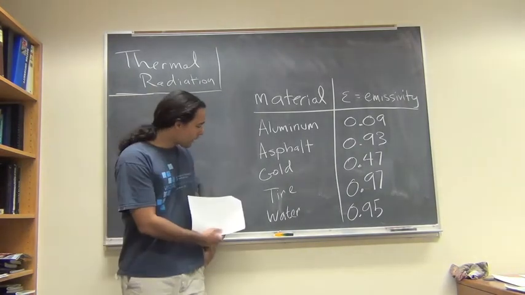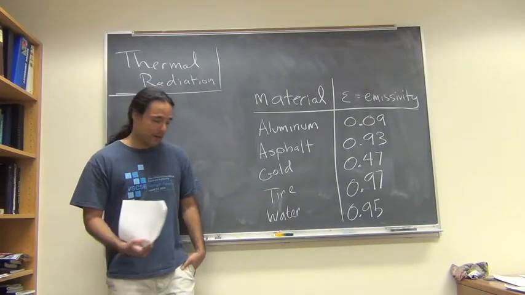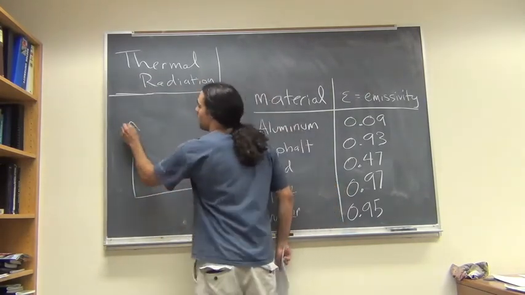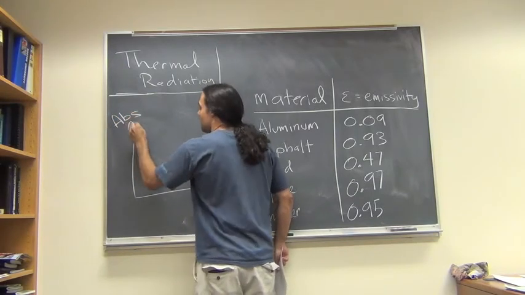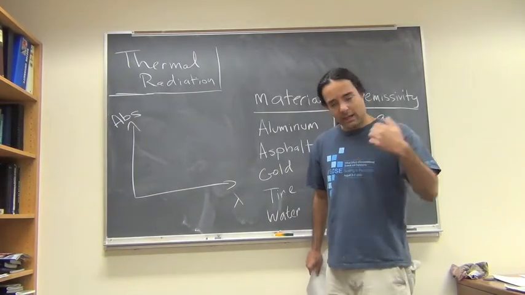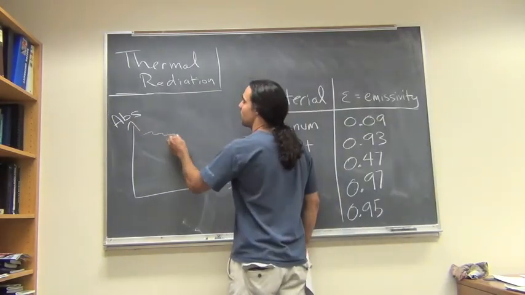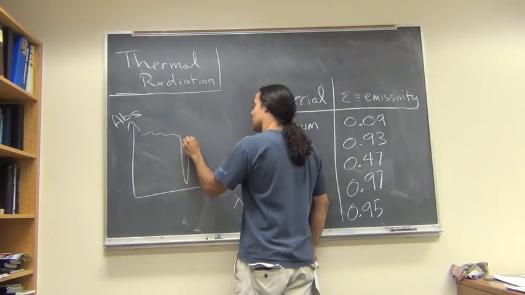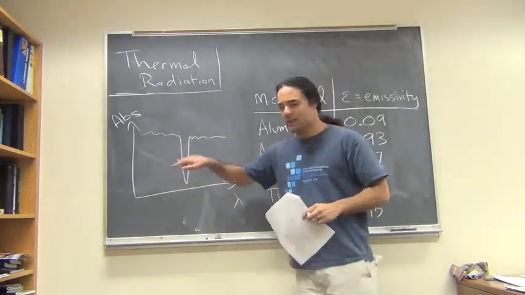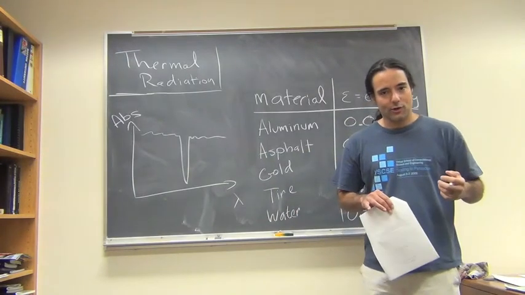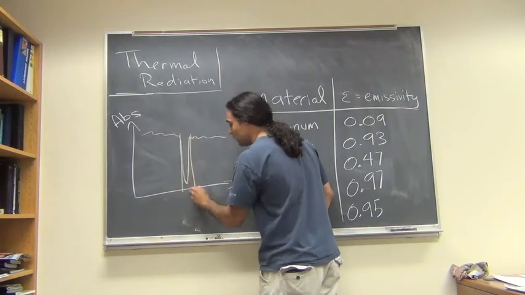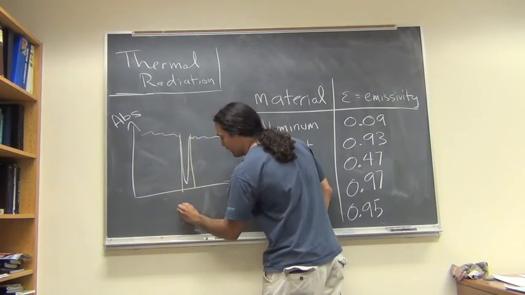So water, if I look at its absorbance spectrum, so if I look at how much light water absorbs as a function of the wavelength of light, it turns out that water absorbs pretty much everything. Except for some, this is a very rough sketch, but except for this tiny dip in the middle where it doesn't absorb much at all. This range of wavelengths in the middle is the visible spectrum.